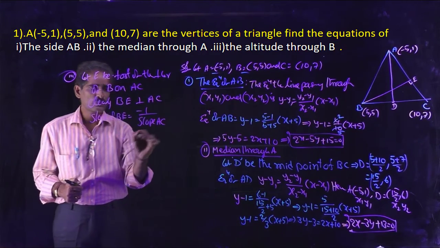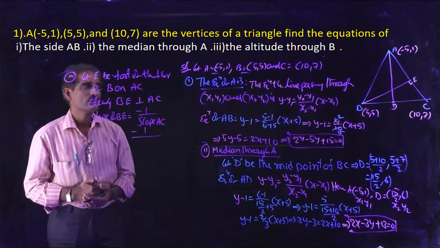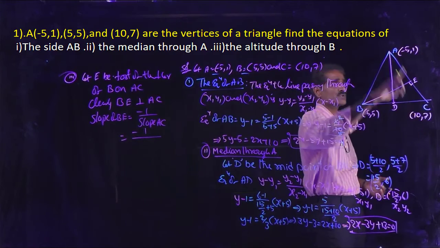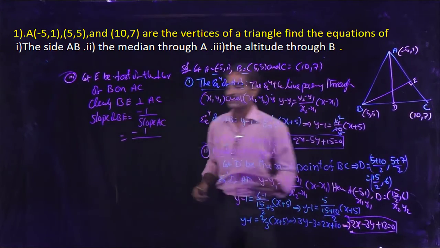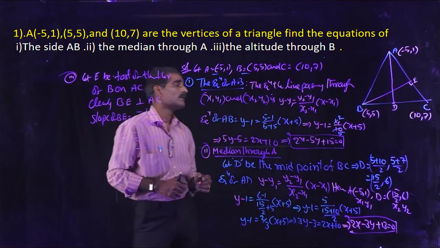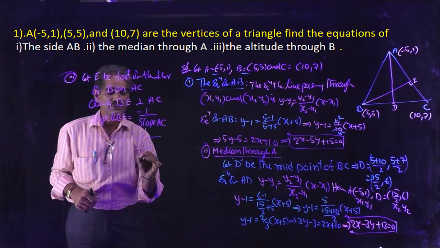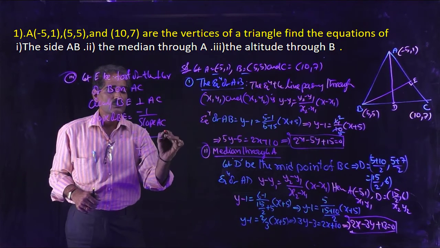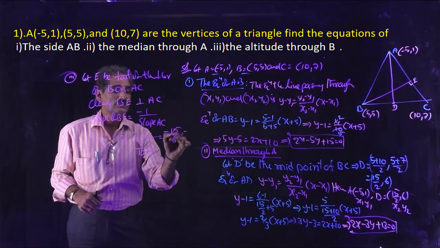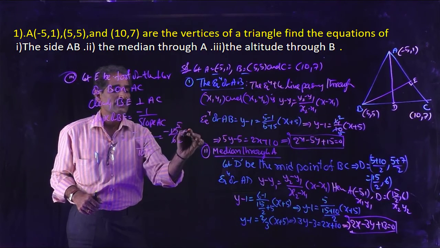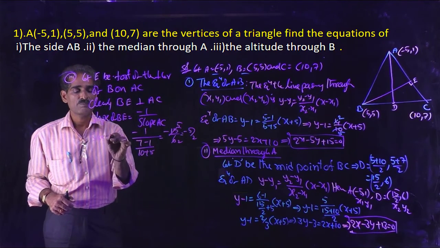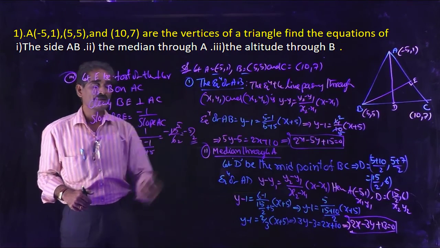Now write down the slope of AC. A is equal to minus 5 comma 1, C is equal to 10 comma 7. Slope of AC is equal to y2 minus y1 by x2 minus x1, 7 minus 1 by 10 minus of minus 5, which is 10 plus 5. This is equal to 6 by 15, which is 2 by 5. Slope of BE is equal to minus 5 by 2.